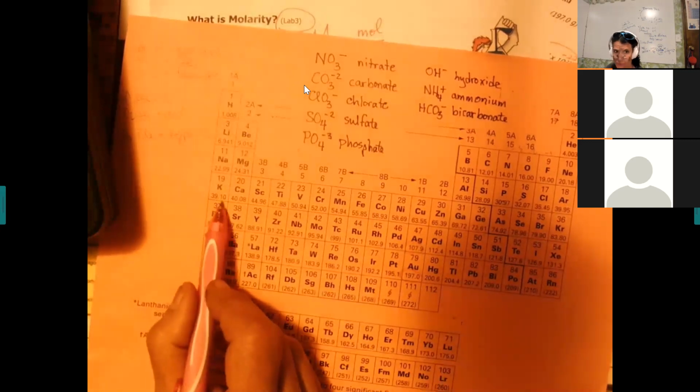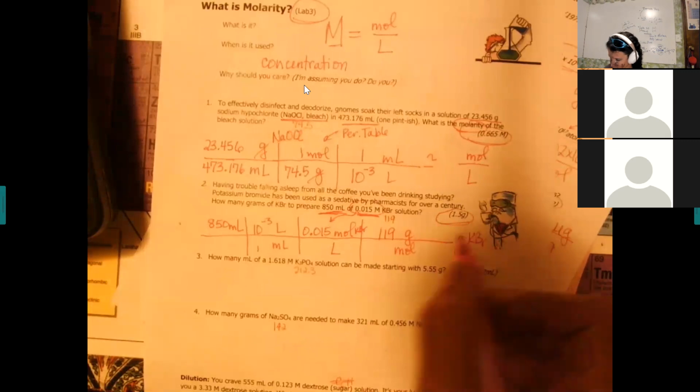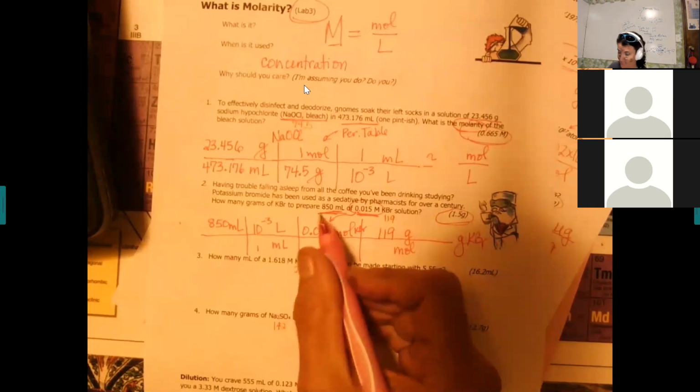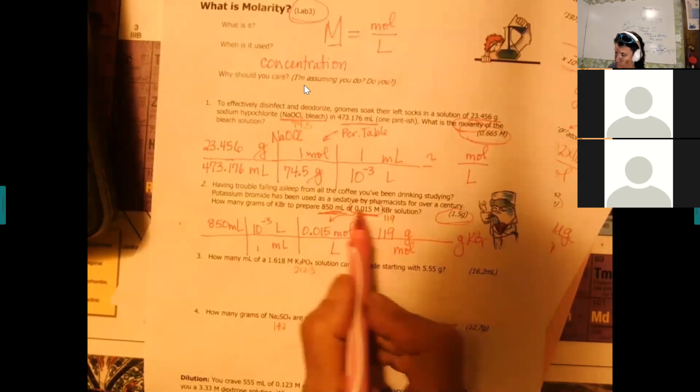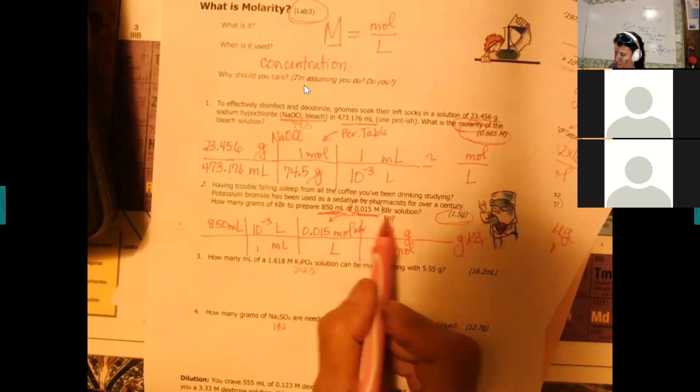The bromine is 79.9 and the K is 39.1, and there's just one of each, so you add them up. And 2 sig figs, because of the information I give you, whichever has the least, so we can only have 2 sig figs. All right, so we get up there, my answer.